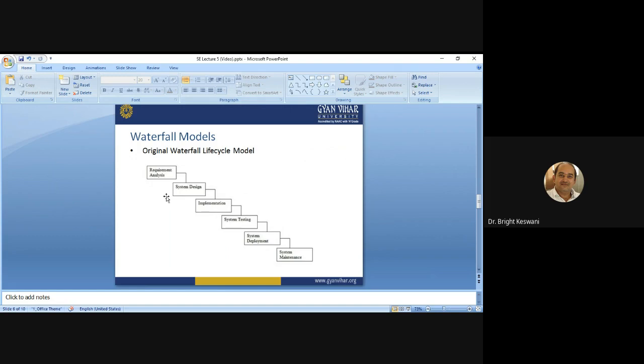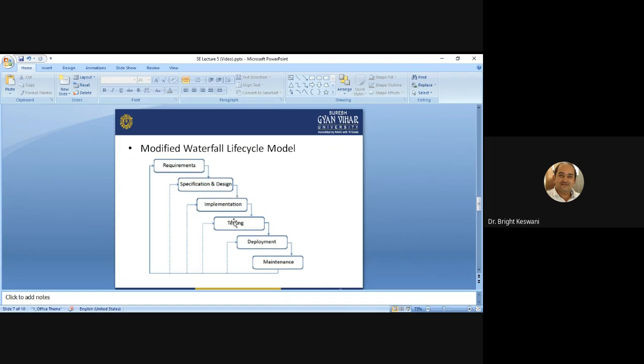Next is the modified waterfall life cycle. This is the general illustration of the modified waterfall life cycle. What does it suggest? It looks like the waterfall life cycle, but it suggests that after the completion of the last phase, you can restart the previous phase again.